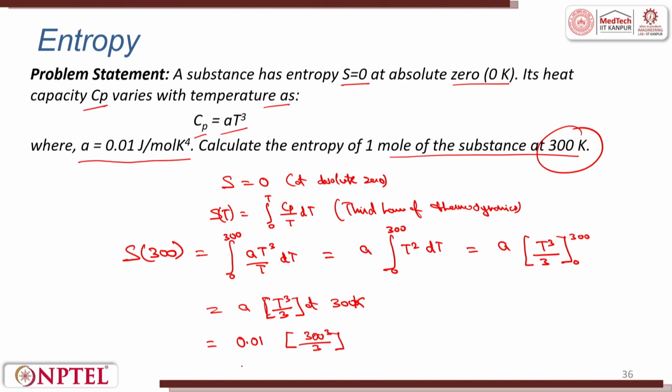So this gives me the entropy value S at 300 Kelvin is equal to 90 kilojoules per mole Kelvin.